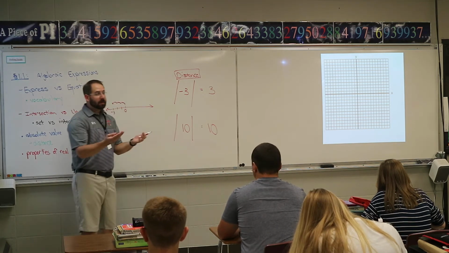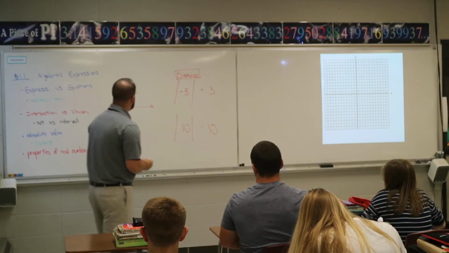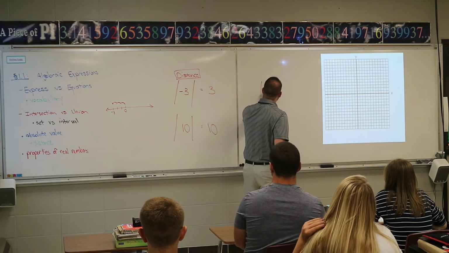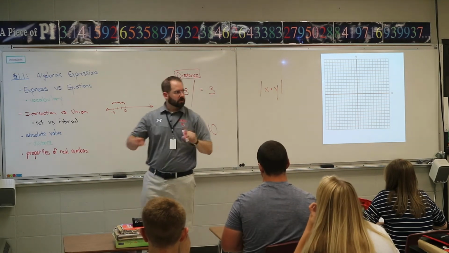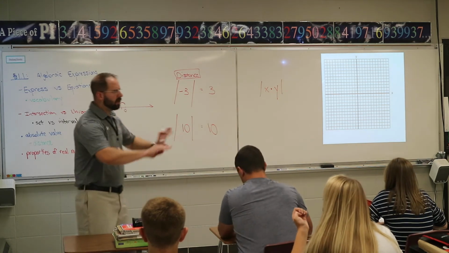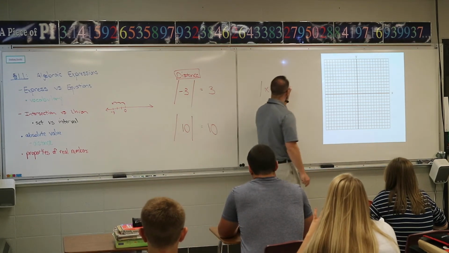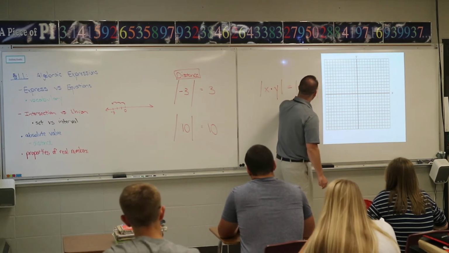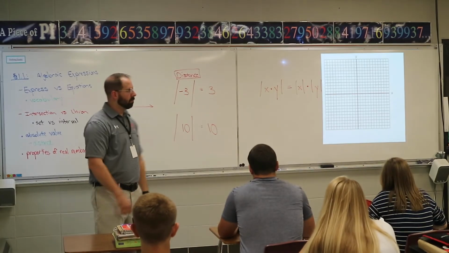Now, there are properties with absolute value, things that people don't realize. Like for instance, if we were multiplying 2 numbers on the inside of an absolute value bar, it doesn't matter what your numbers are, I picked X and Y, but they can be any numbers you want. That's exactly equal to if you were to separate them, have their own absolute value, and multiply them.